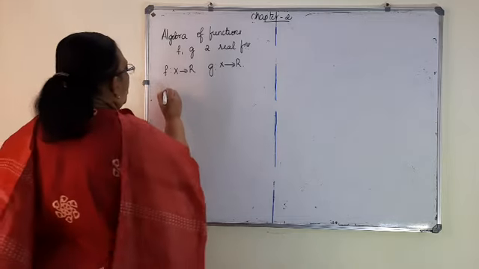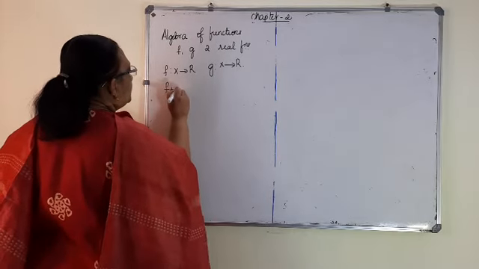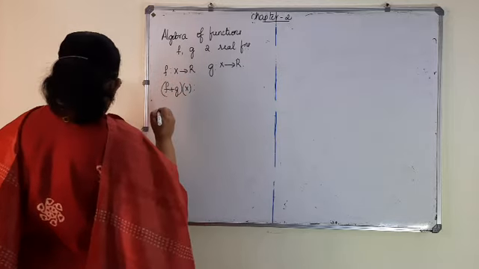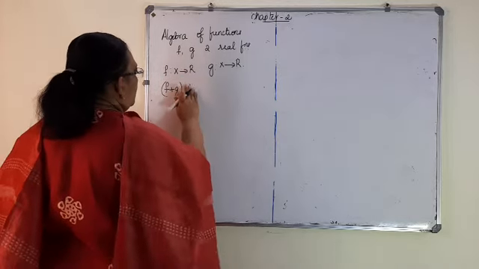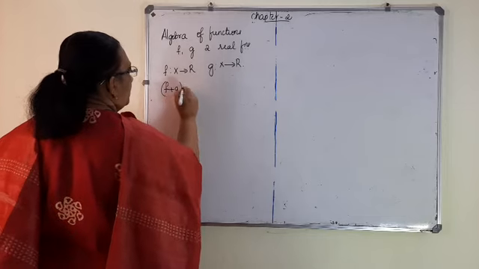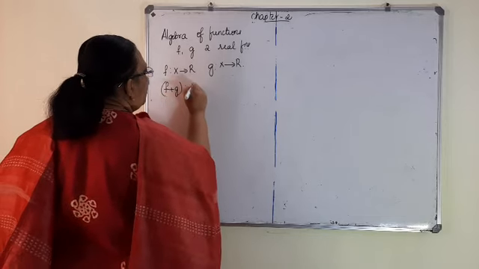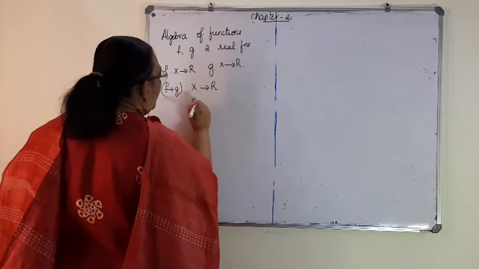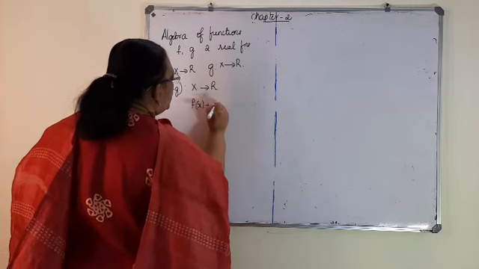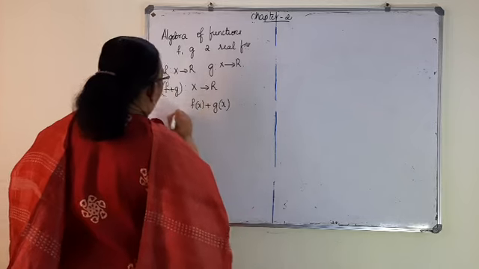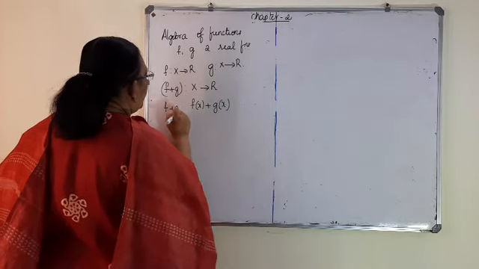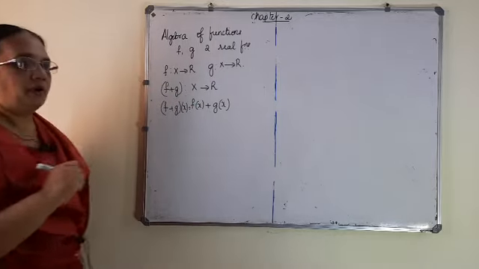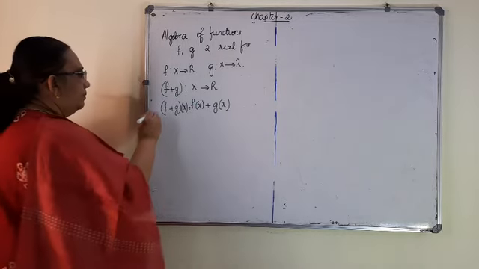Then f plus g is a function from x to r defined by f of x plus g of x. So f plus g of x is equal to f of x plus g of x.